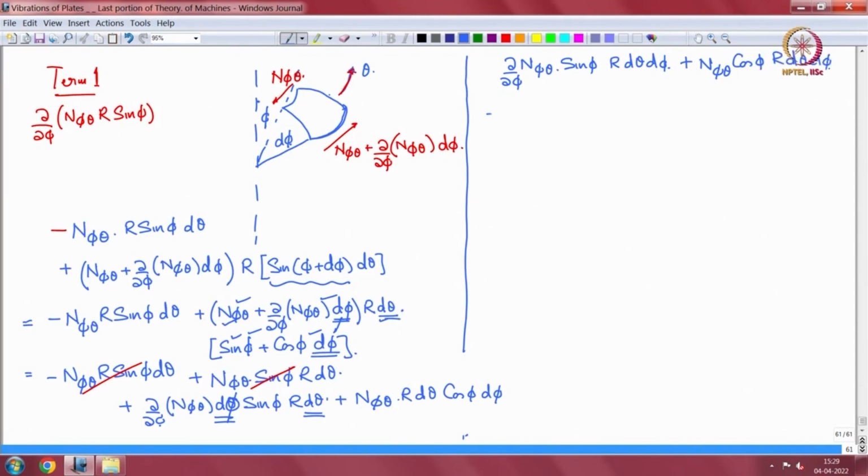So we can write this as del by del phi of n phi theta r sin phi into d theta d phi, okay, which is what we have over here.